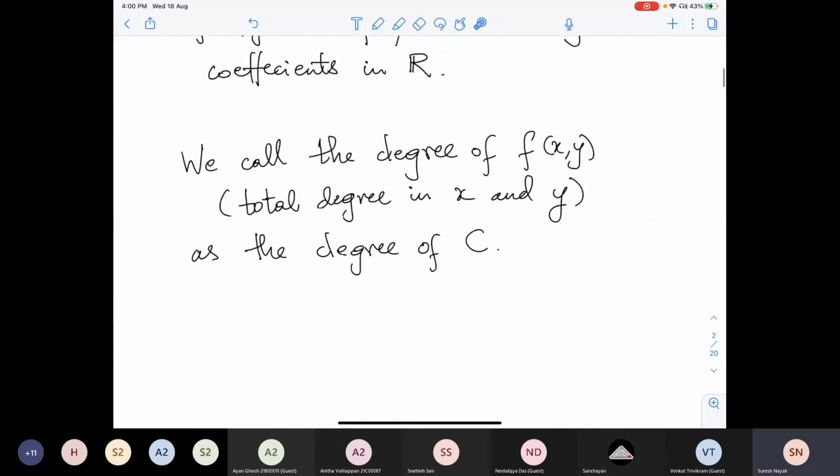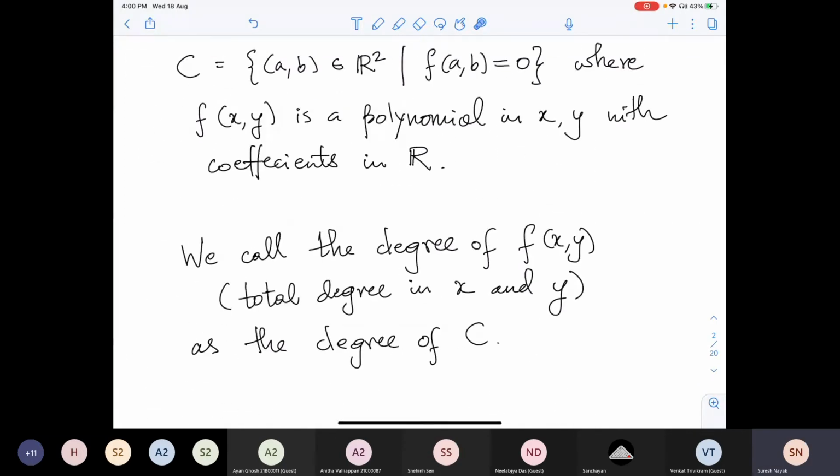Before we go ahead, let's also fix one terminology. The degree of f will also be called the degree of the curve C. So we'll say C is a curve of degree d if the defining polynomial has degree d. There's a slight ambiguity here because sometimes a curve is not always defined by the same polynomial.